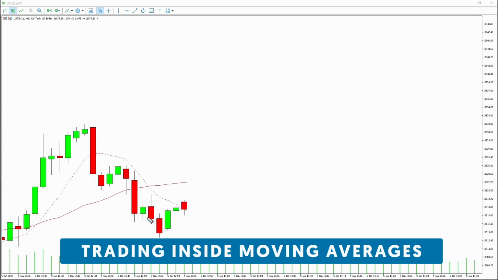Here it broke, it made a leg to the downside, and now it came up again and it's inside the moving averages again. And what do we want to see here inside the moving averages? When we are inside, we want to see an eventual break of the high of this candle and target the next moving average there. And what happens?